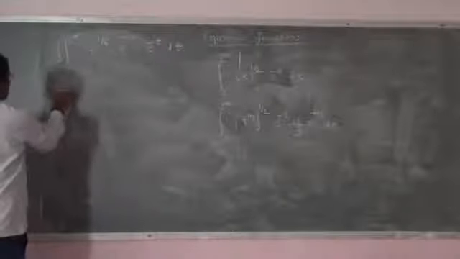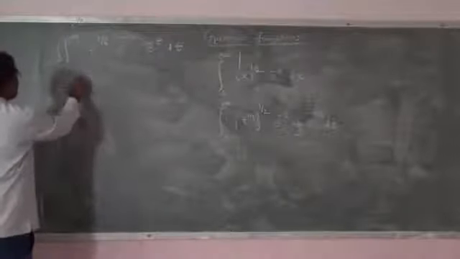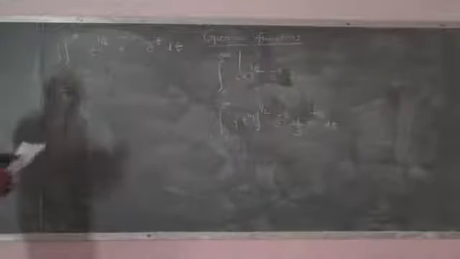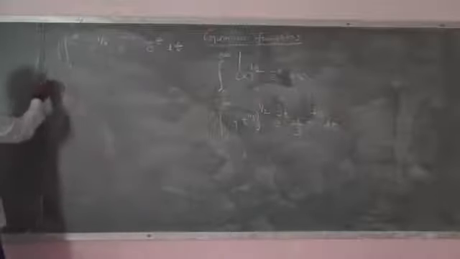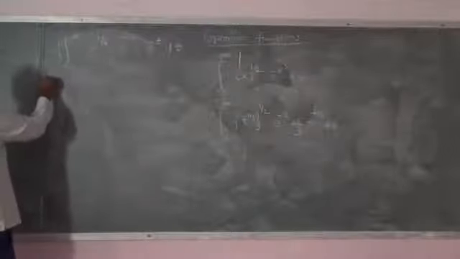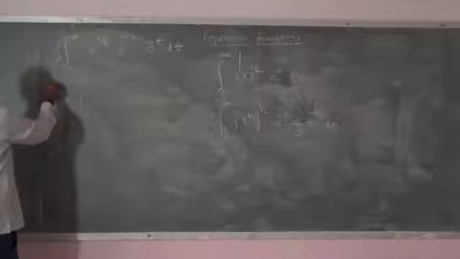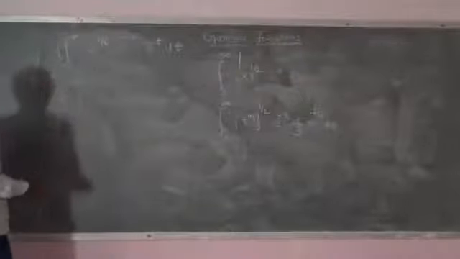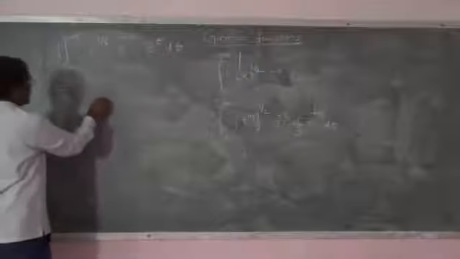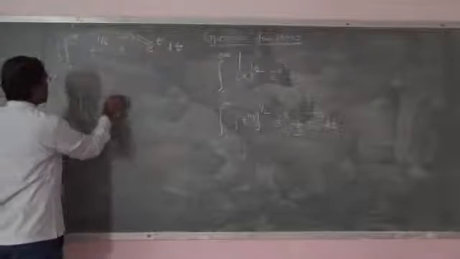So this is 1 by 3, integral 0 to infinity, t raised to 1 by 6, t raised to minus 2 by 3. You simplify this please. So I will do it roughly: 1 by 6 minus 2 by 3, 6 is the LCM, 1 minus 4, which is minus 3 by 6. So this becomes t raised to minus 3 by 6.